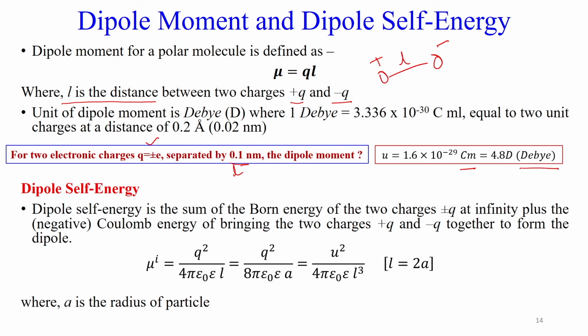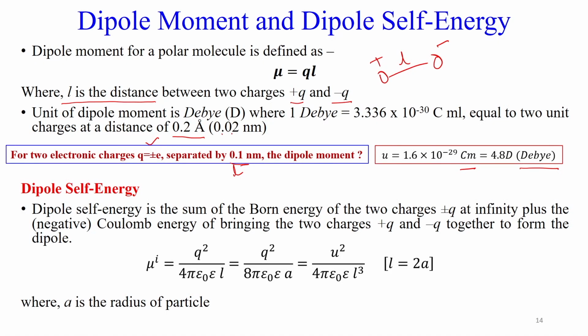So, the Debye is defined as 2 unit charges separated at a distance of 0.02 nanometer. If you calculate the dipole moment of the 2 unit charge molecules or ions at a distance of 0.02 nanometers, that is known as 1 Debye.